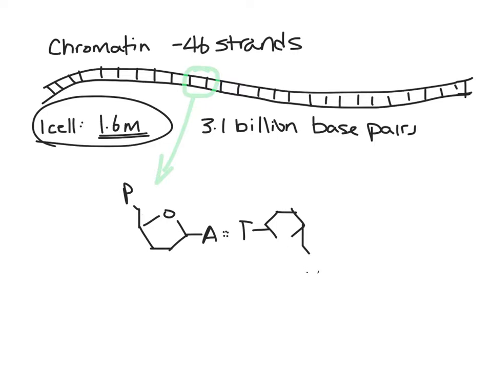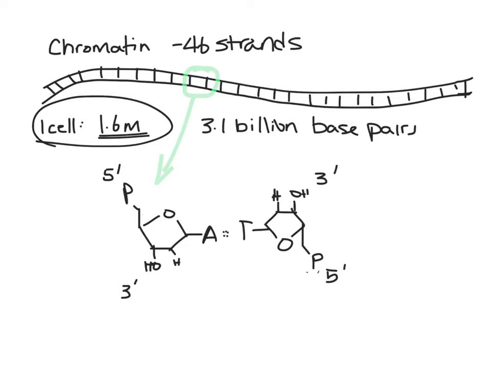Let's just draw this properly. An O and a P. Now when you look here, you have an OH and an H, and up here, you would have an OH and an H. And so the free end, this end would be what's deemed the 5' end, and this end would be the 3' end. On this side, you'd have the 3' end at the top, and a 5' end down at the bottom.